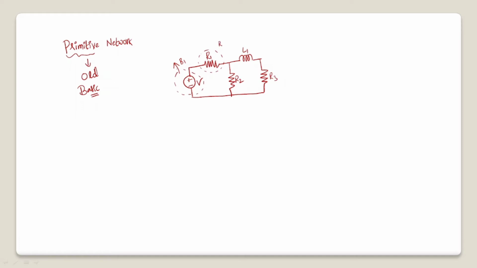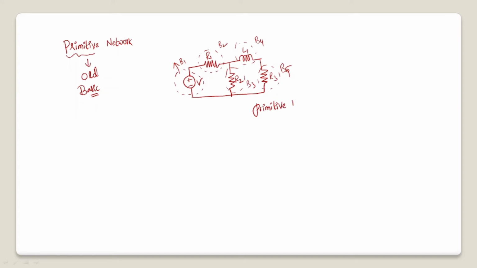This is another branch, B2. This is another branch, B3, this is the fourth branch, B4, and this is the fifth branch, B5. Now each and every branch we can call a primitive network.